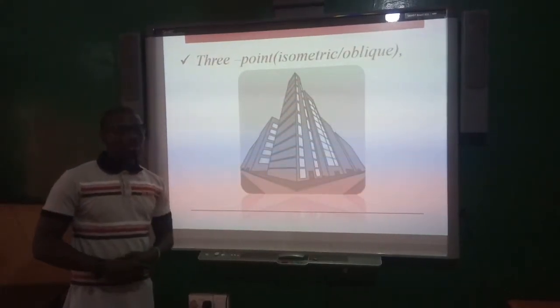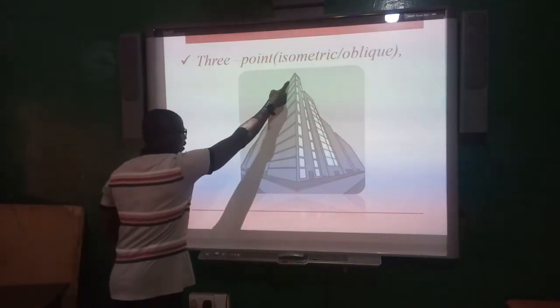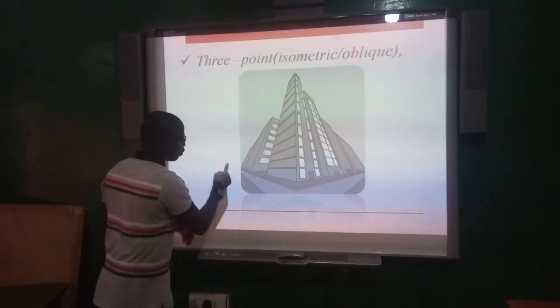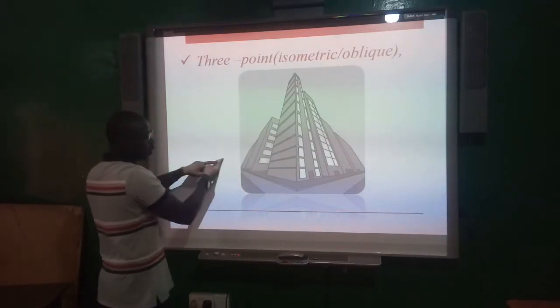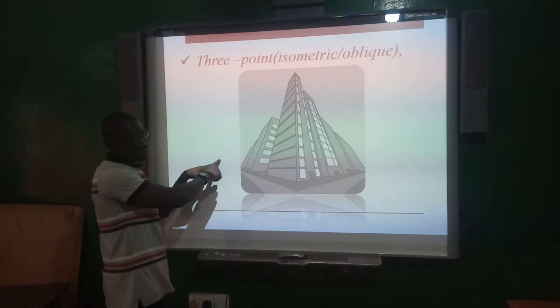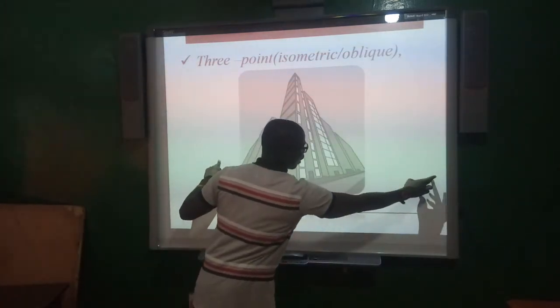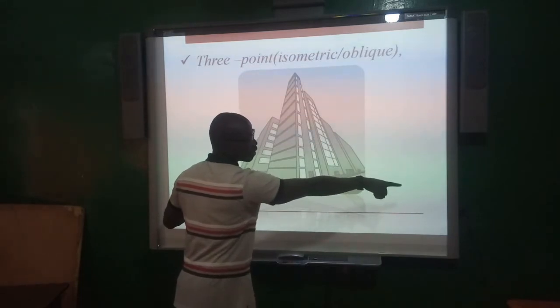Let's look at the image on the board. You will see that from this side to this side will give you 1 point. As it moves here, you see that this side will end, giving you 1 vanishing point. When you look at this side too, the same thing will give you another vanishing point.